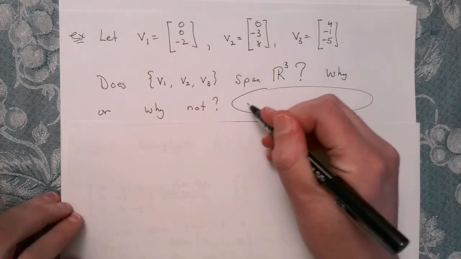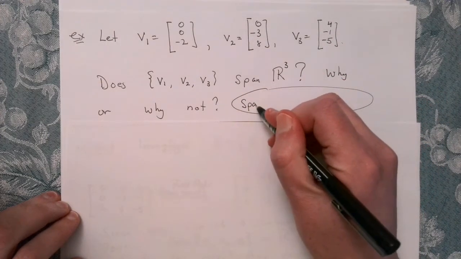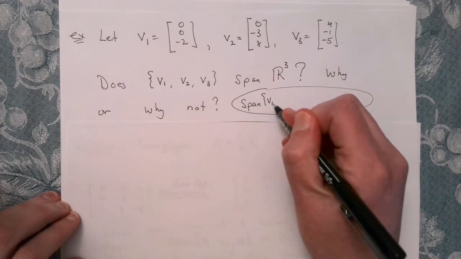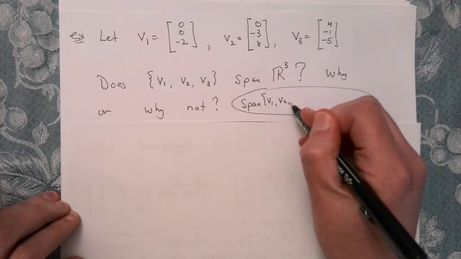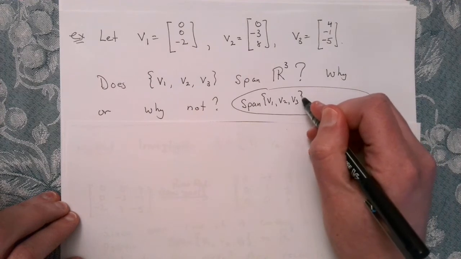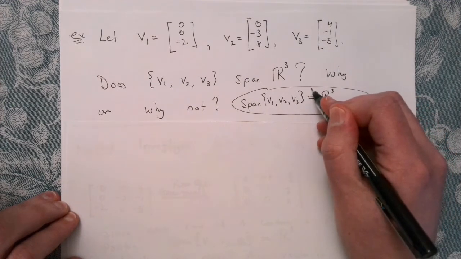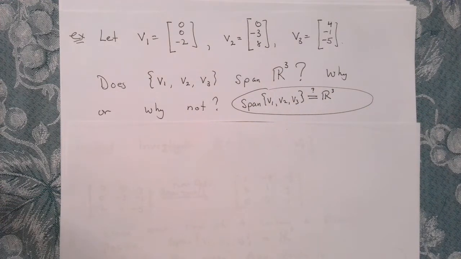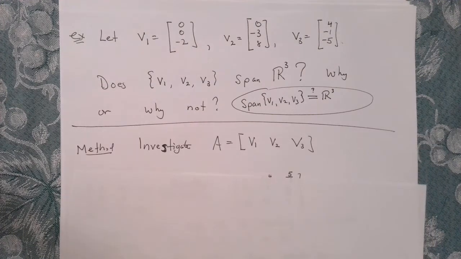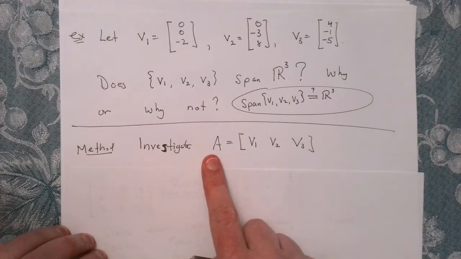It means, when I compute the span, the set of all linear combos of these vectors, do I generate R^3? That's the big question. So what's our method for determining this? We're going to put this into a matrix, row reduce, and see if the rows have a pivot position for each row. So we investigate exactly this matrix A.